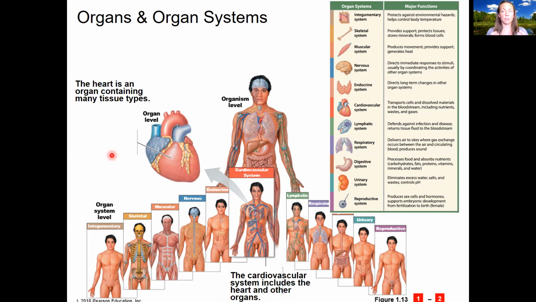The heart's job is to pump blood, but then it works within the cardiovascular system that includes not only the heart, but the other organs, primarily blood vessels that allow blood to flow throughout the body. So all of these organ systems are ones you've seen before. These are the major functions of each that you should study again.